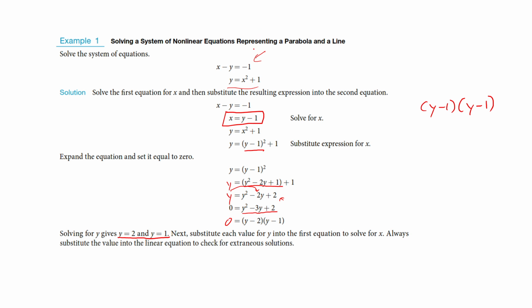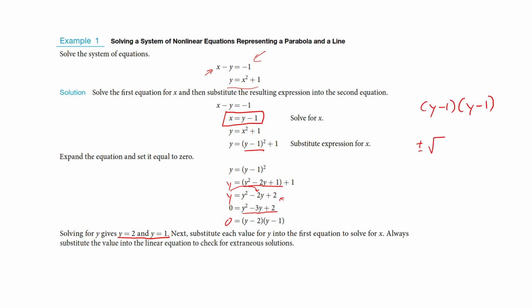Now, because we had a square, and we have factored this down, it is possible that we originally only had a line. So it's possible that when we had a square we're creating an extraneous solution, one that isn't really true. Think of it like taking the square root, you get the plus or minus.